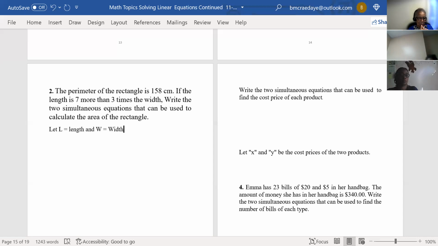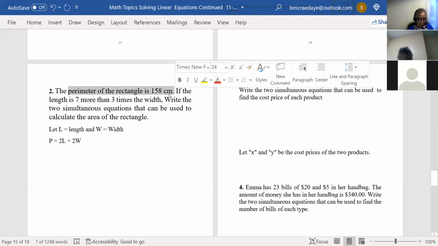What's the formula for perimeter? Perimeter is 2 length plus 2 width. Right, that's right. Let me just write that here. Perimeter equals 2L plus 2W. Now, what's the perimeter in this formula? 158 centimeters.